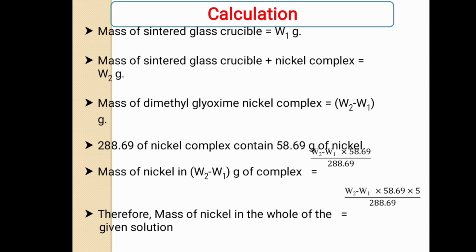Mass of nickel in W2 minus W1 gram of complex equals (W2 minus W1) multiplied by 58.69 divided by 288.69. Therefore, mass of nickel in the whole of the given solution equals (W2 minus W1) into 58.69 multiplied by 5 divided by 288.69.